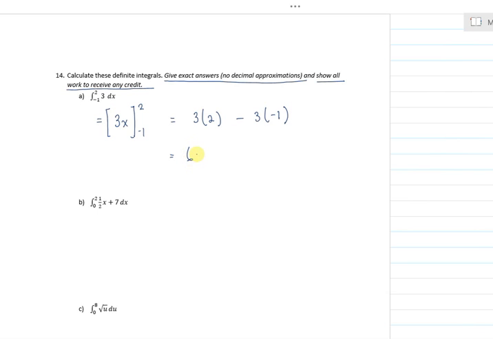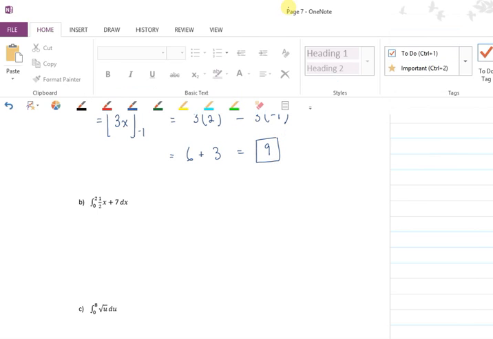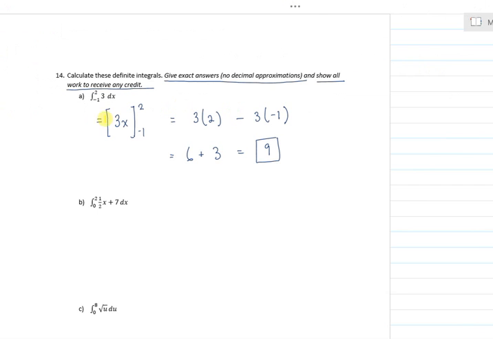But I'm going to write my steps because I need to. So the answer to that is 9. So let me just be clear. What I need to see is this step, this step, and this step.